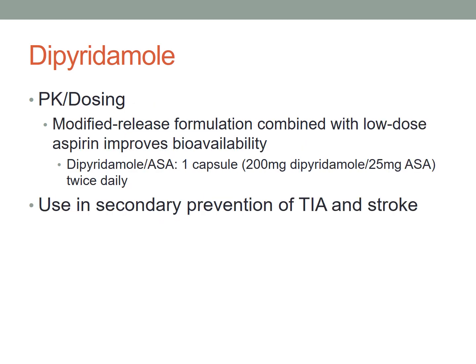Dipyridamole comes as a modified release formulation that's combined with low-dose aspirin, which improves the bioavailability of the drug. So the capsule has 200 milligrams of dipyridamole in it and 25 milligrams of aspirin, and it's taken twice a day, and it's used in the secondary prevention of TIA and stroke.